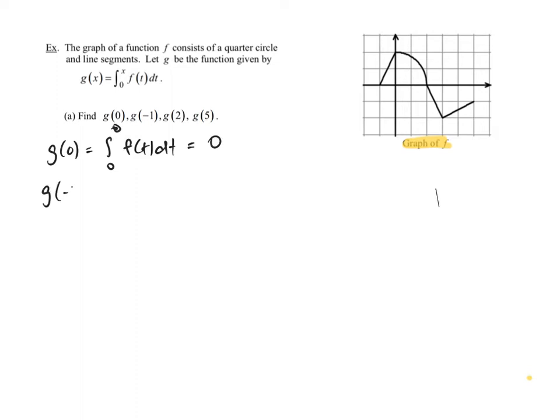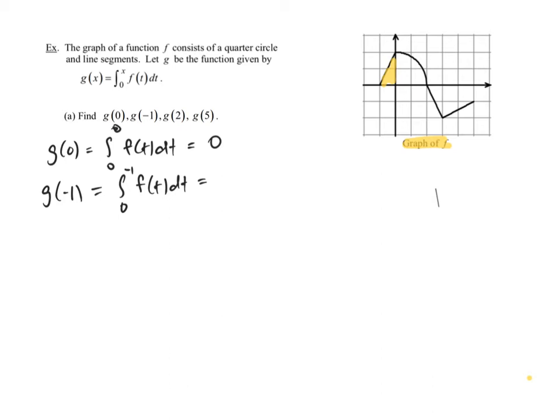For the second question, g of negative 1, that's going to be the integral from 0 to negative 1 of f of t dt. In order to find this integral, we were given the graph of f so that we can find the area under the graph of f from 0 to negative 1. That would be this triangle right here. Now, there are a couple of important things to note about this integral. The first is that this is a region above the axis, and that would usually indicate an area that is positive.